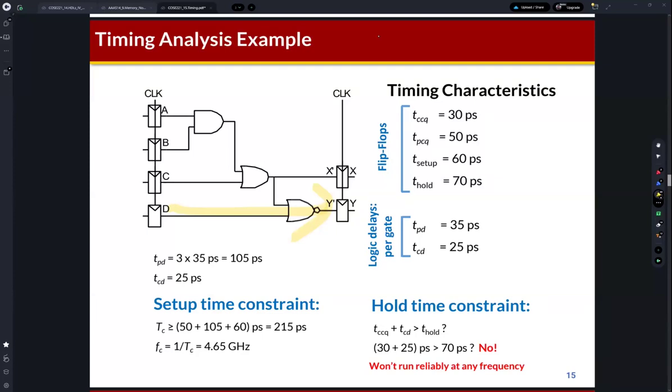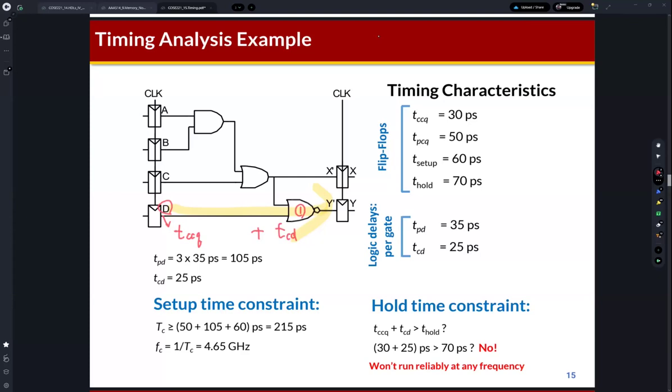Then you can calculate the minimum delay. The minimum delay for this D is TCCQ, and then the minimum delay of this gate is the TCD.